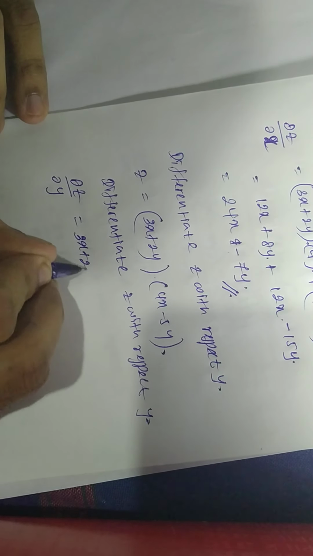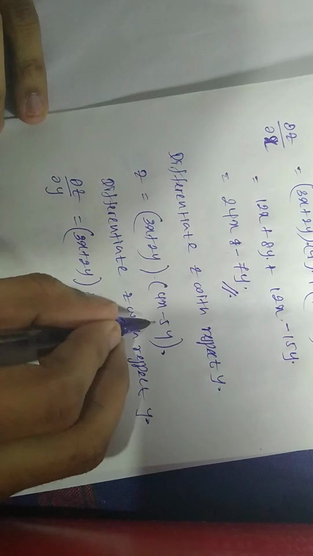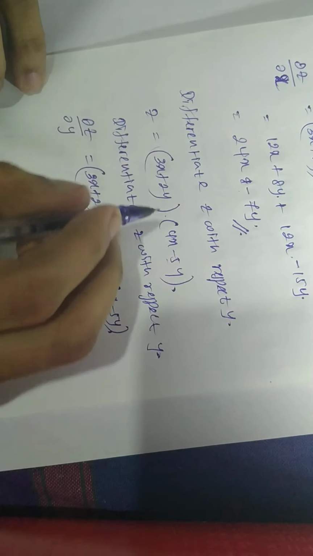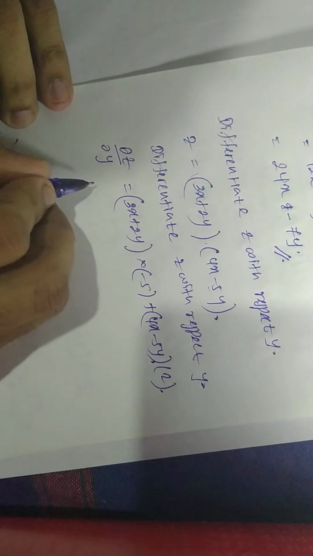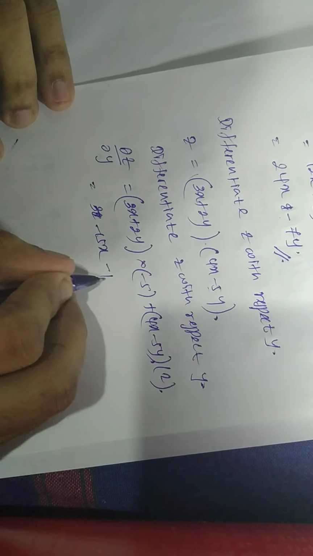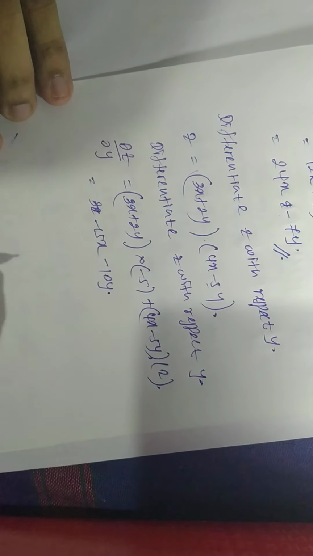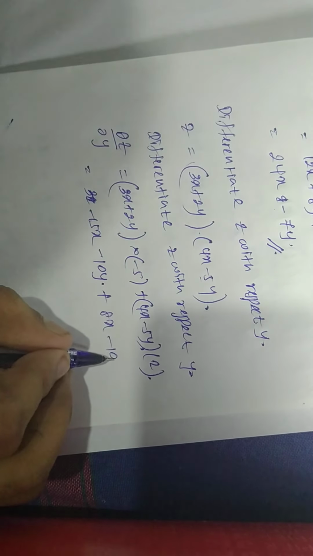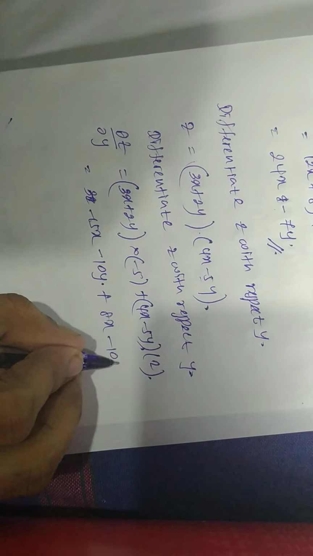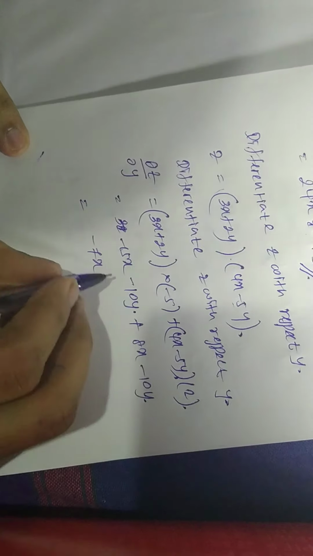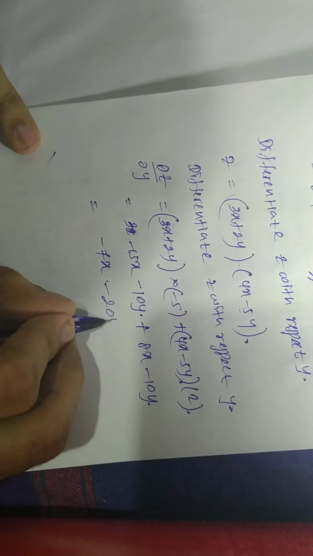That is (3x plus 2y) times minus 5 plus (4x minus 5y) times 2. That is minus 15x minus 10y plus 8x minus 10y, which gives minus 7 times x minus 20 times y.